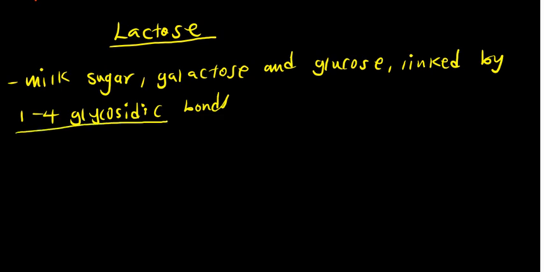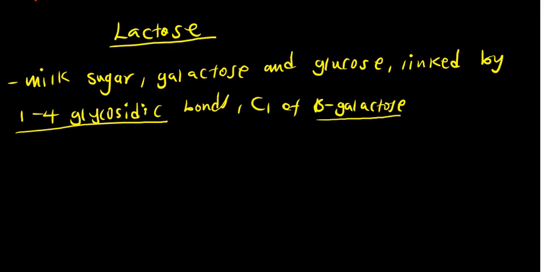So lactose, the monomers are linked by 1,4 glycosidic bond. Between which carbons? So between carbon 1 of beta galactose. Shall we take note of this? So carbon 1 of beta galactose.